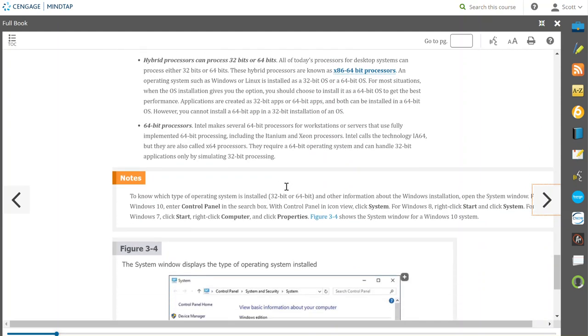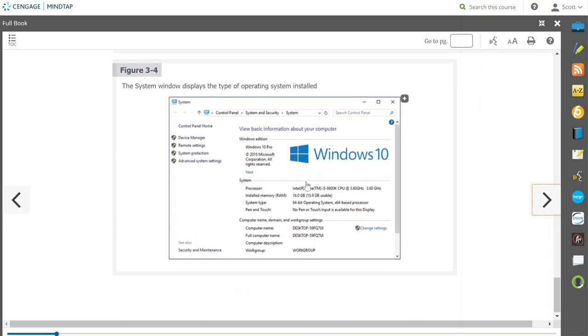Okay. We can go into system properties and look at what processor is in the system, how much RAM is there, the type of system we're using. So this is a Windows 10 system. It's Windows 10 Pro. It has an Intel processor.